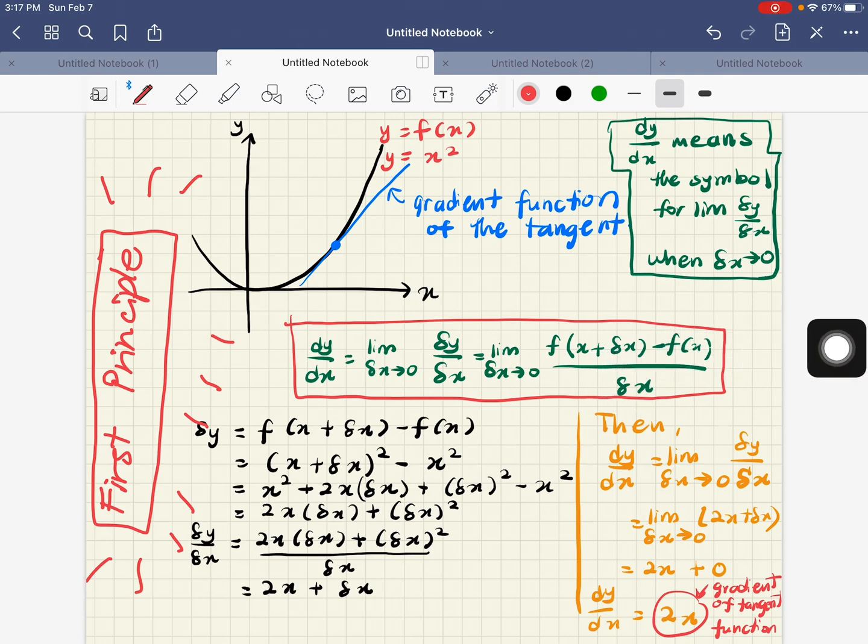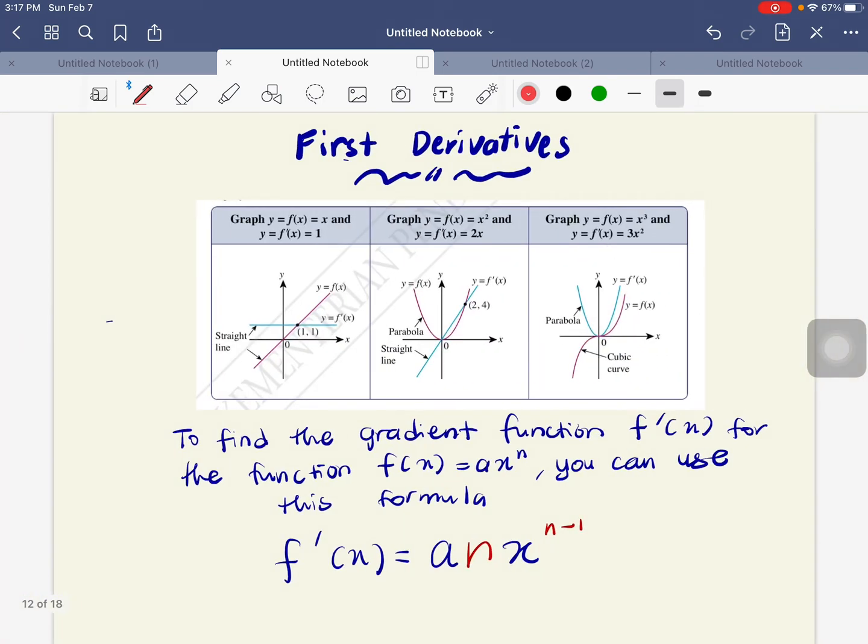Before we go into the first principle of differentiation, we go to the first derivative. The concept comes from the first principle, but to make it easier, I can explain what the first derivative is, without confusing you with the first principle.